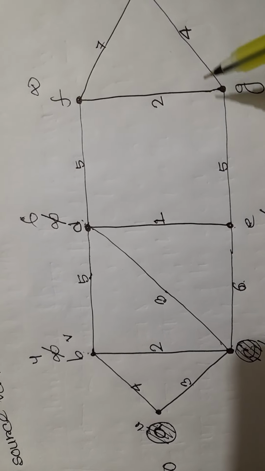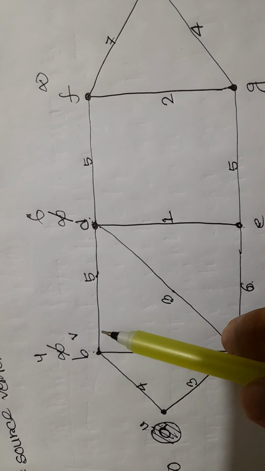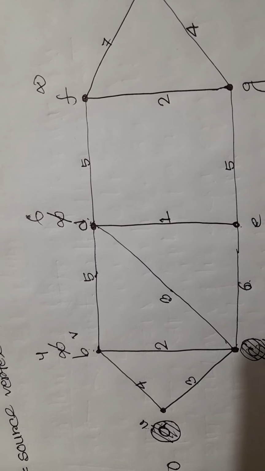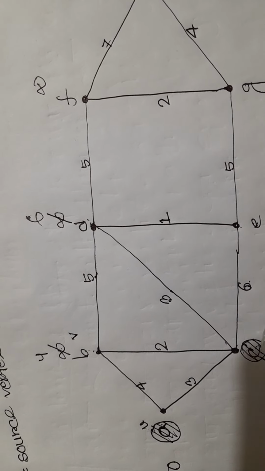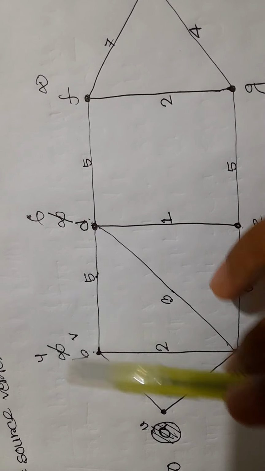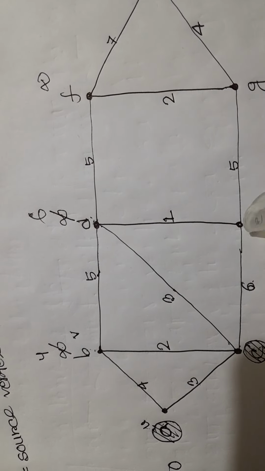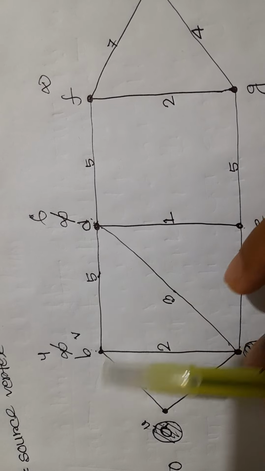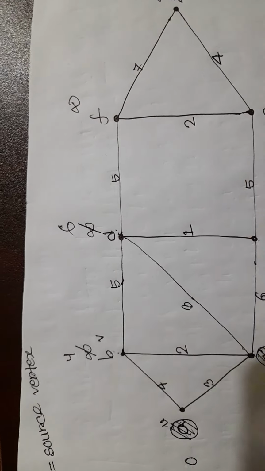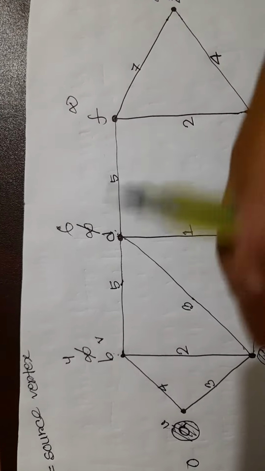Now for the remaining vertices, except A and C, because they are already selected, the smallest distance among the remaining vertices is B. So B is selected.